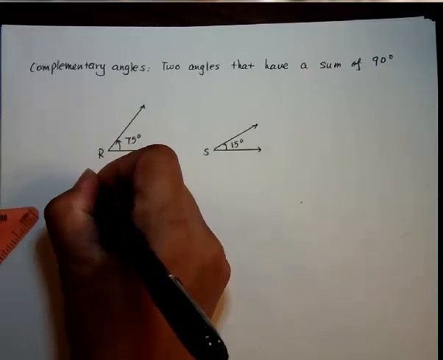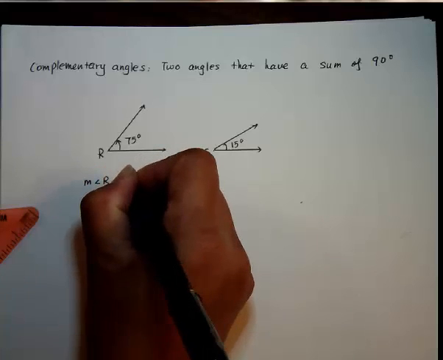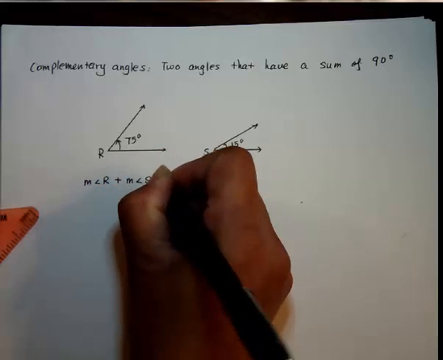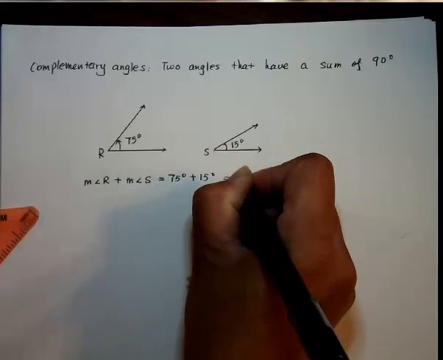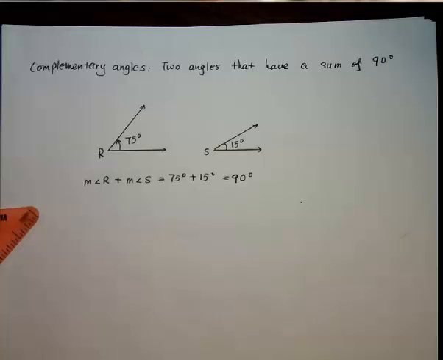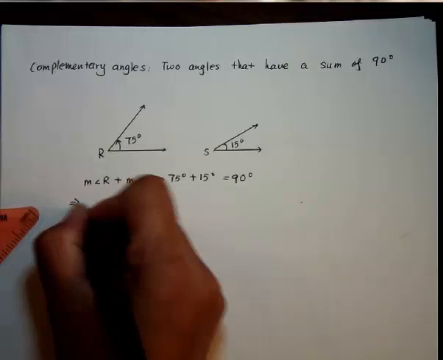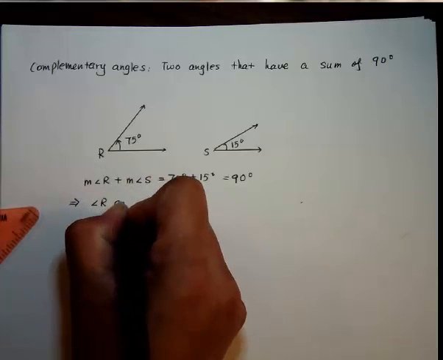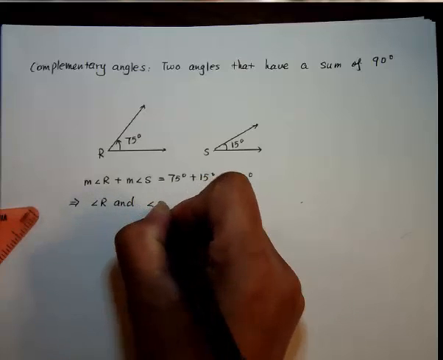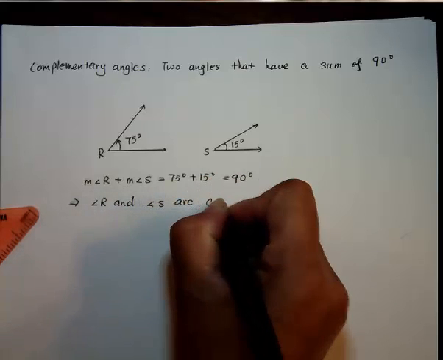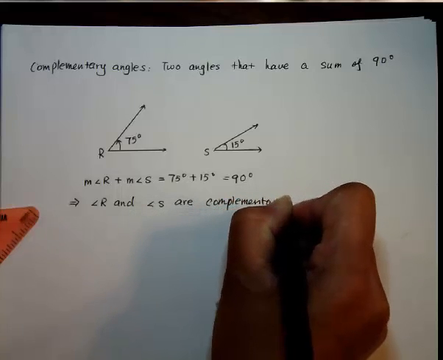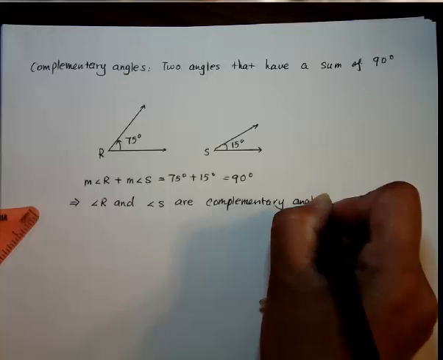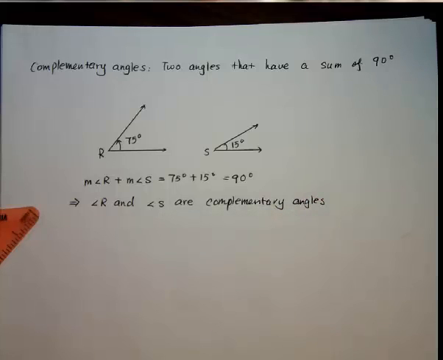The measurement of angle R plus the measurement of angle S, which is 75 degrees plus 15 degrees, equals 90 degrees. Then we call angle R and angle S complementary angles, because the sum of the measurements is equal to 90 degrees.